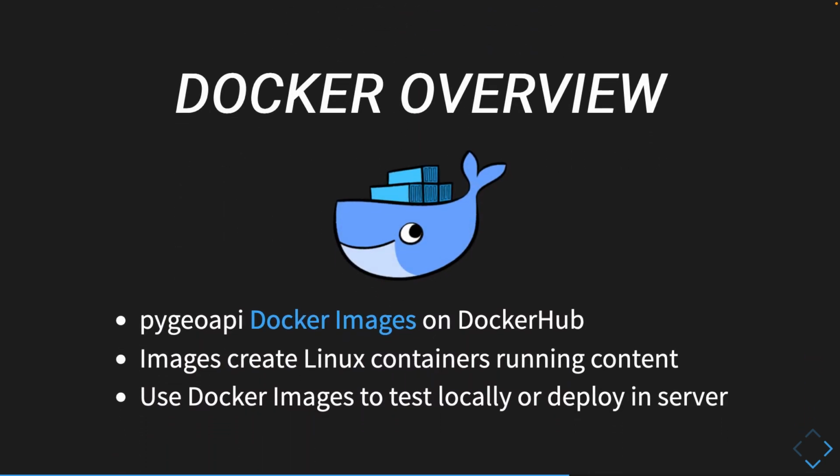Again, a very popular installation method of pygeoapi is using Docker. We have our Docker images on Docker Hub, and this gives developers and DevOps people full flexibility to install and configure pygeoapi through a Docker or a Docker Compose approach for their given application.